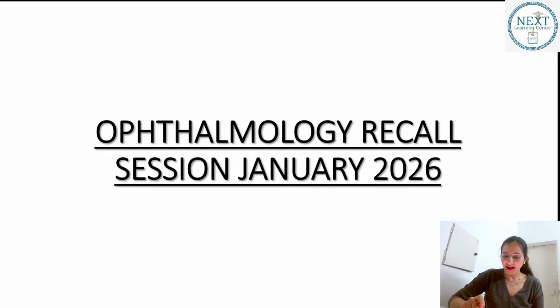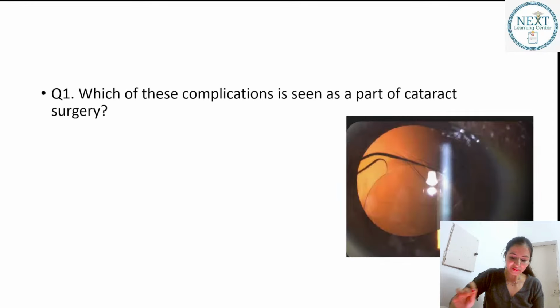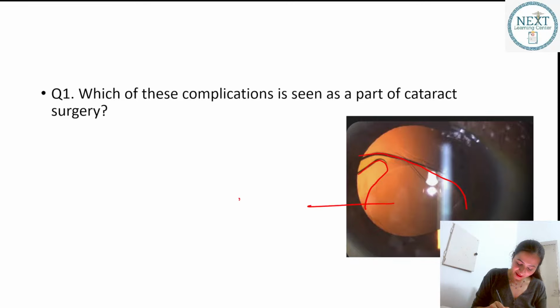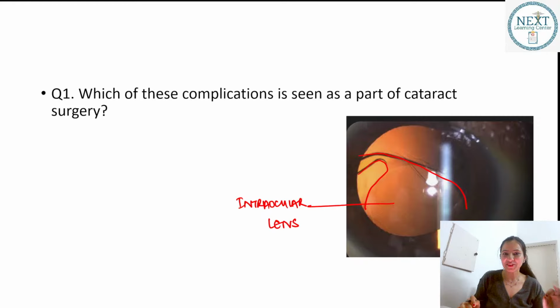So let us start. Which of these is a complication that is seen as a part of cataract surgery? If you look here, this is your intraocular lens. I have told you that normally the intraocular lens is kept in the bag.